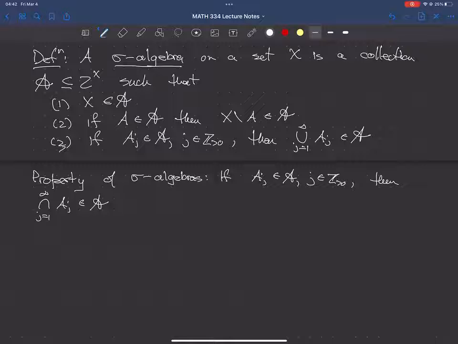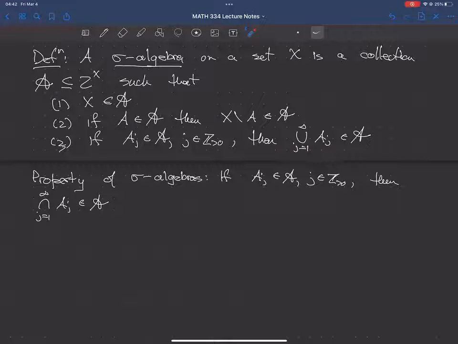That's actually quite easy to prove. If A_j is in there, by property 2 you know that its complement is in there. By property 3, you know that the union of those complements is in there.